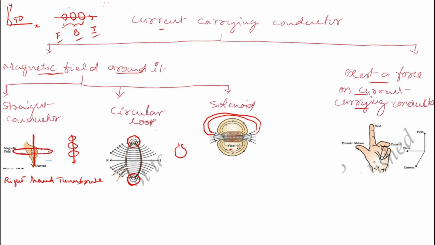And carefully you see, for a straight conductor carrying current, the rule is given by the right hand thumb rule. Very, very important. They may ask questions on this.